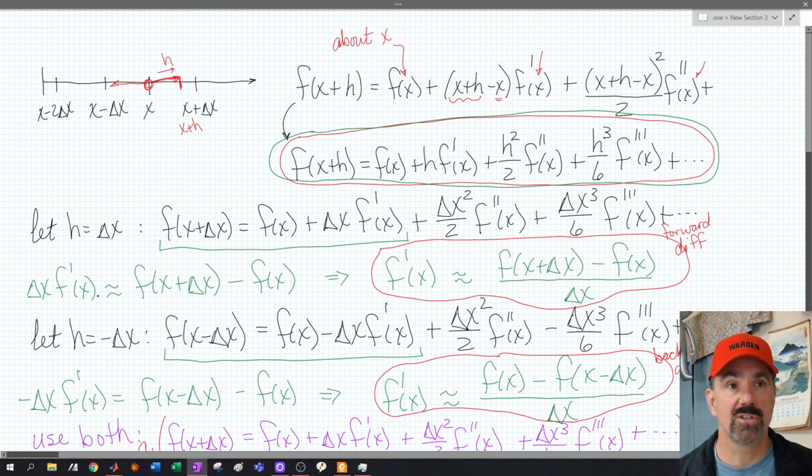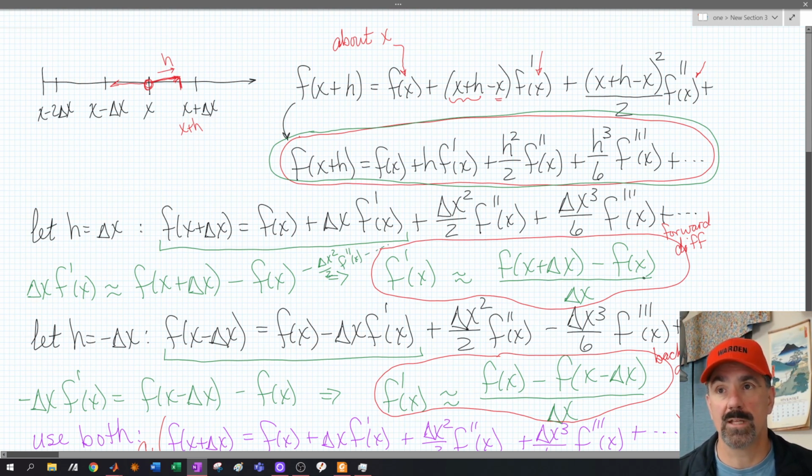So when we solve this approximation for f prime, I have f prime times delta x is what I've solved for, and that's equal to f of x plus delta x minus f of x, minus delta x squared over 2 f double prime of x, minus other things. Divide both sides by delta x.